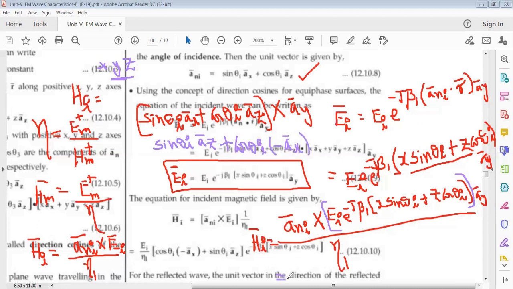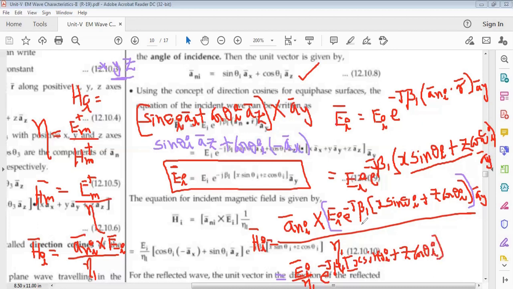So you can substitute this equation here. The total is a constant E_i by eta 1, e power minus j beta 1 multiplying with x sine theta i plus z cos theta i, which is a constant.